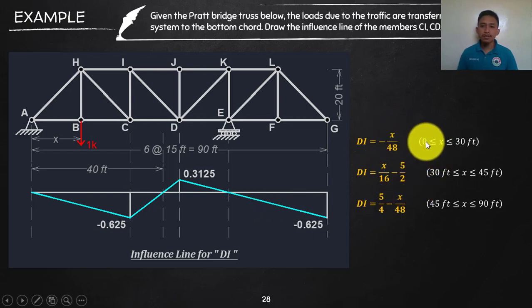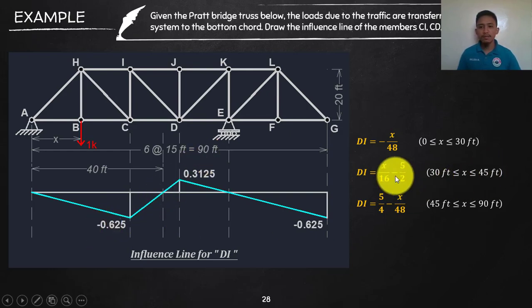So substitute the boundaries. At 0, that will be 0 of course. At 30, that will be 30 over 48, or in decimal exactly negative 0.625. And then when it is 30, substitute to this equation, that will still give us the same negative 0.625. You can check that one, since again that should be connected.